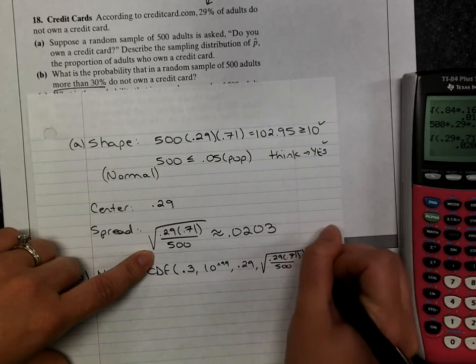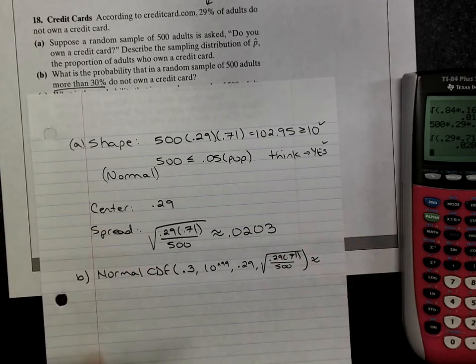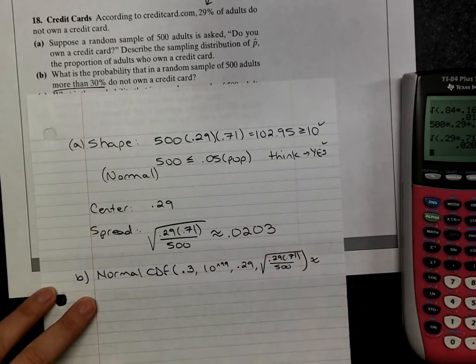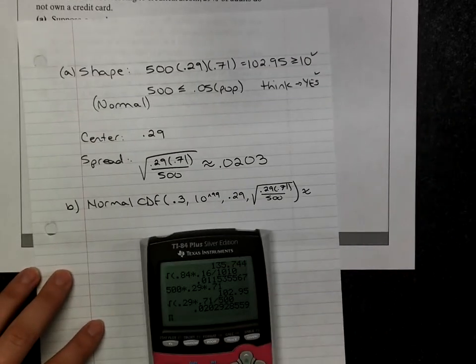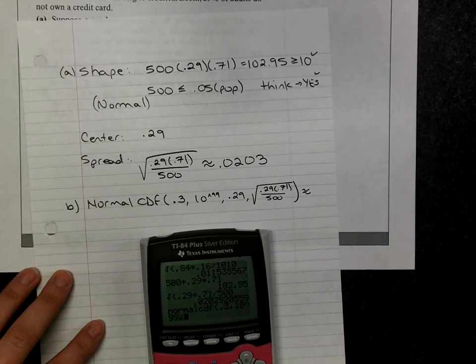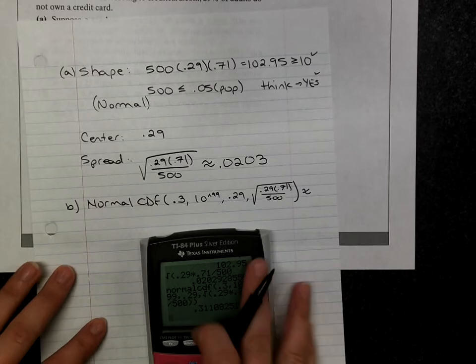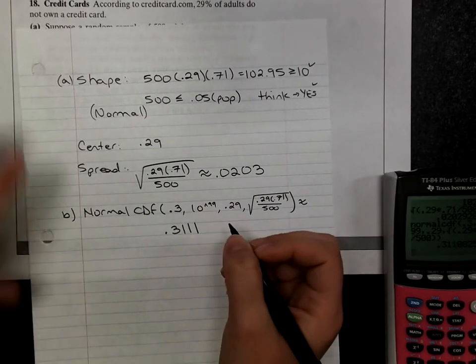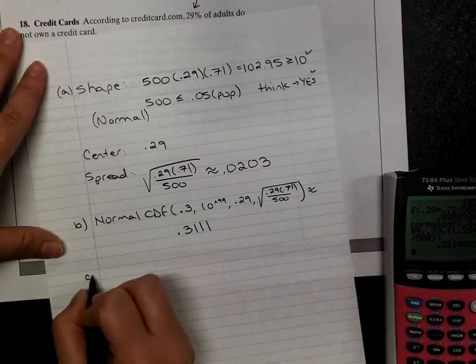I know it's a pain, but it saves you from being off by a decimal. My students have complained that the computer is so particular, so you don't want to round, you want to put in exactly what you're looking at so that the computer will accept your answer. And if you did that right, you should get 0.3111. It's about 31% chance of that happening.